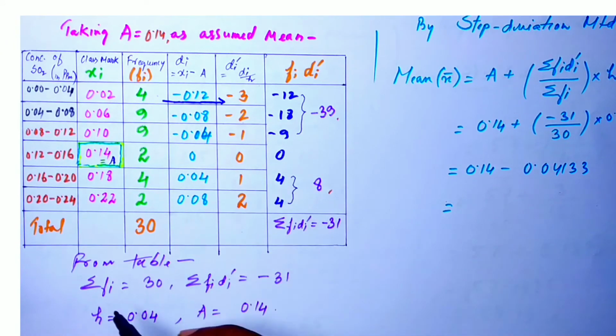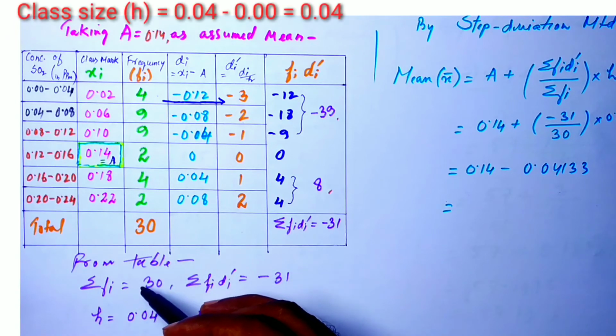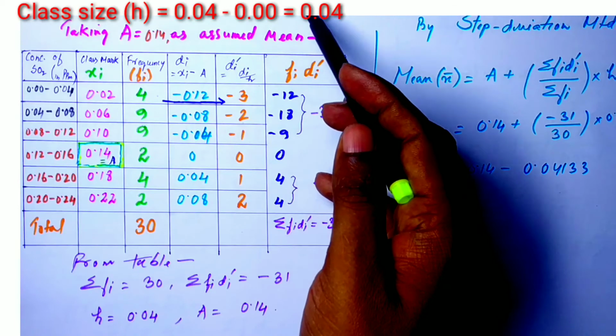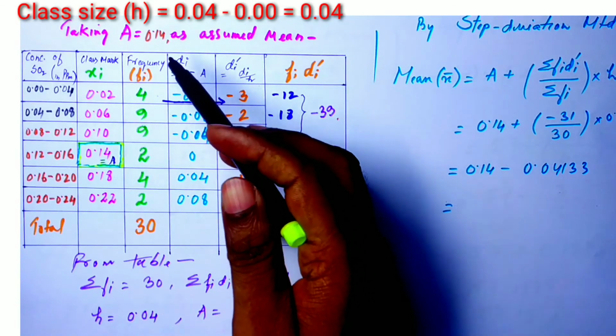From the table we have summation fi is 30, summation fi di dash is minus 31, h is 0.04, a is 0.14.